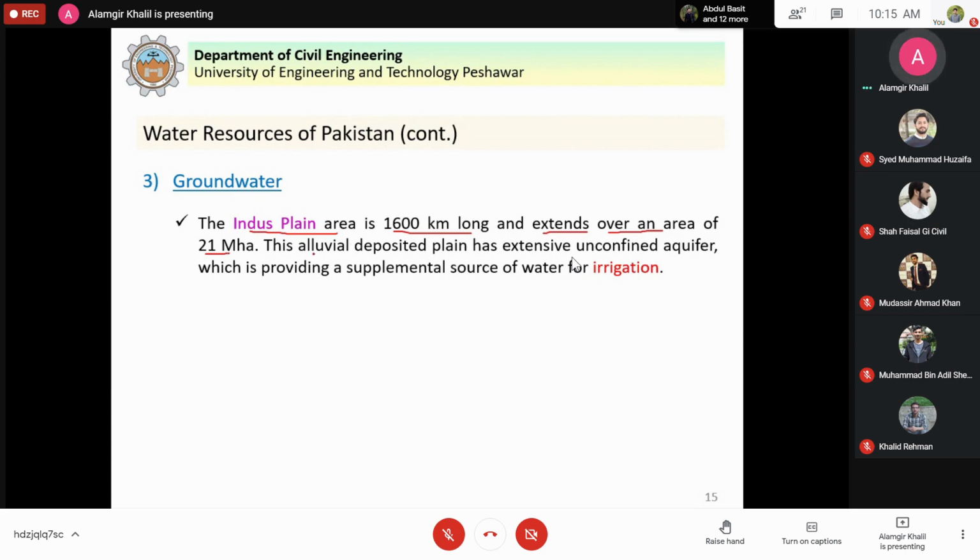This alluvial plain has an extensive unconfined aquifer. You studied confined and unconfined aquifers in groundwater hydrology. In an unconfined aquifer, the top surface of the water is subject to atmospheric pressure. The top surface of the water is the water table. The unconfined aquifer provides a supplemental resource of water for irrigation.